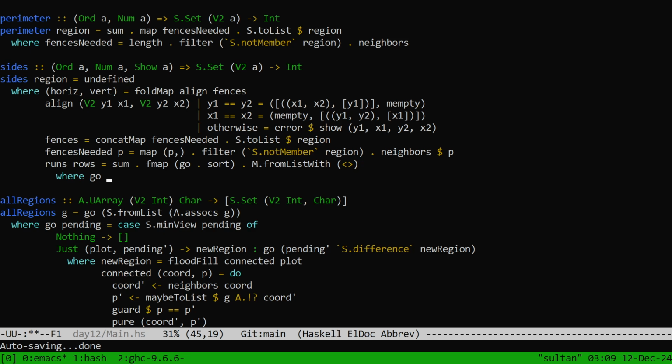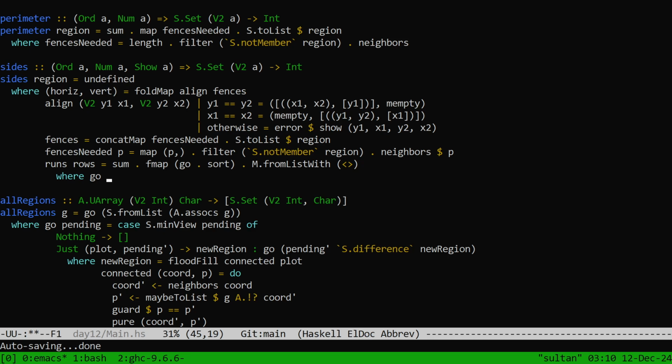Because a difference of 1 or minus 1 is... Oh no, we know these are increasing, because I called sort. So the differences will always be increasing. And if it increases by 1, it doesn't add a new side. If it increases by anything other than 1, it does add a new side.